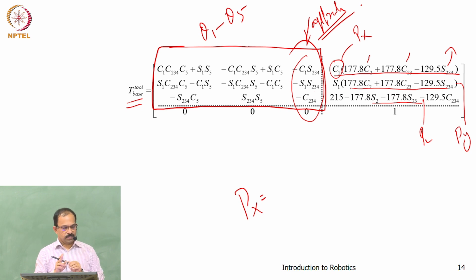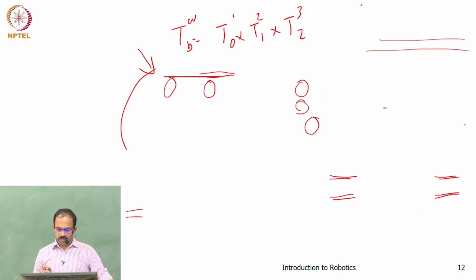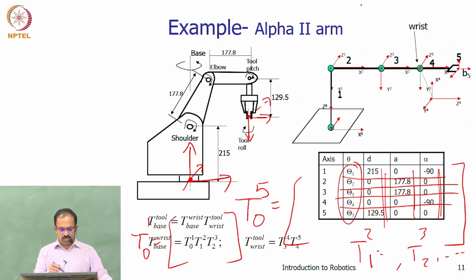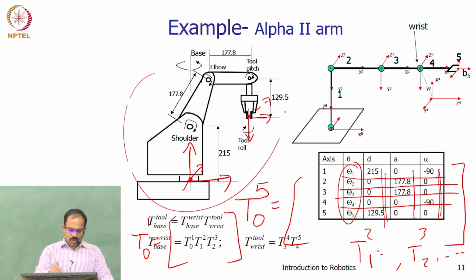So you can go back to the diagram. Now look at this manipulator. This is the approach vector, and even if you rotate about it, the vector remains the same.